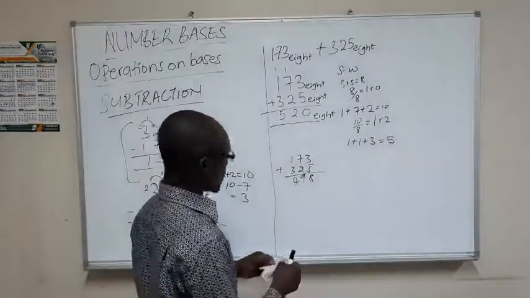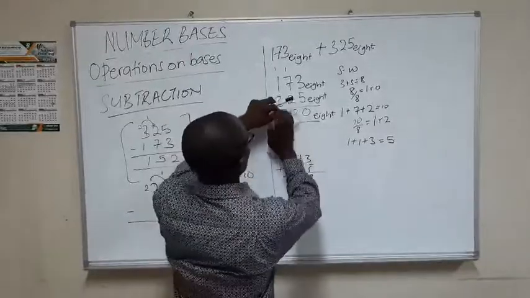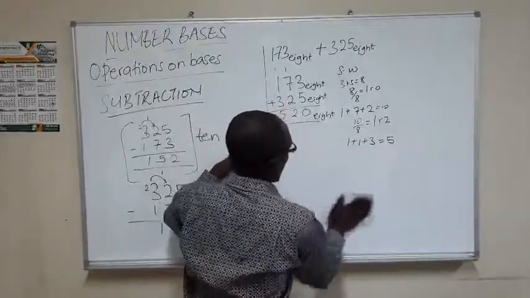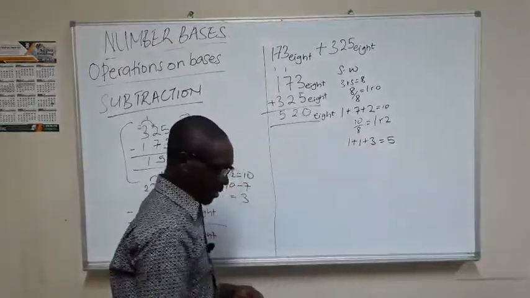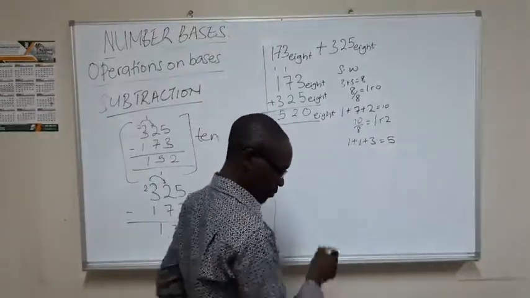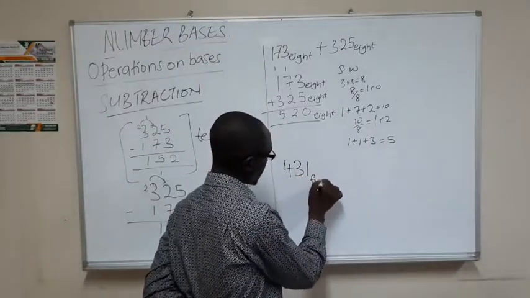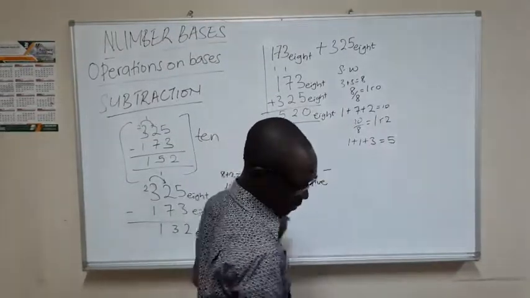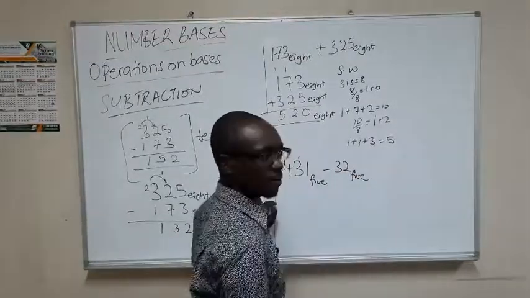Some other example, one or two, to seal off that one. Example 2. Given 431 in base 5, subtract 32, also base 5.